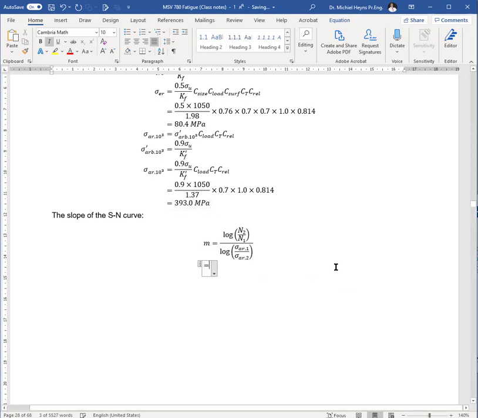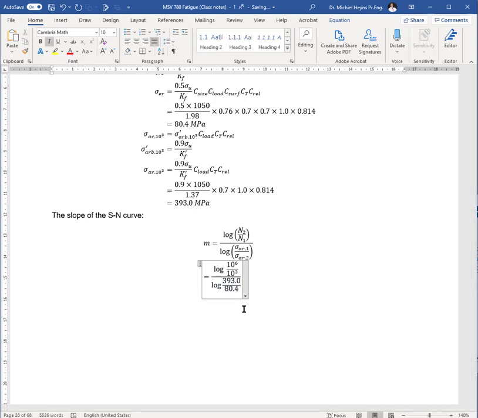In this case, we will have the log of 10 to the power 6 divided by 10 to the power 3, and that works out to 3, divided by the log of sigma AR1, the strength at 1000 cycles, which was 393.0 MPa, divided by the strength at sigma AR2, which is at 10 to the power 6, which is 80.4 MPa.